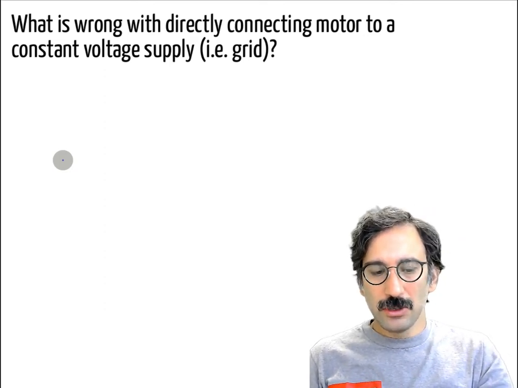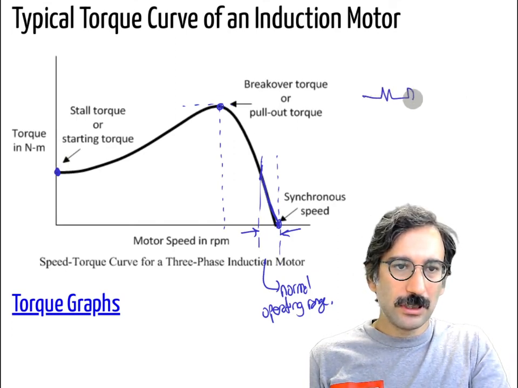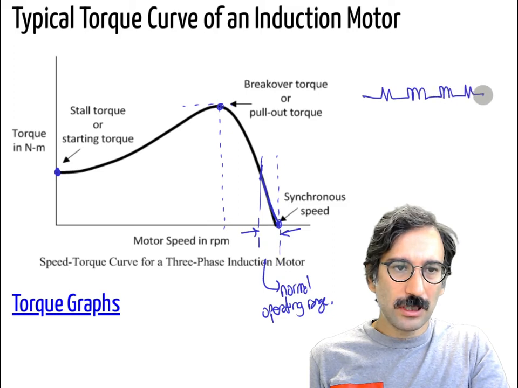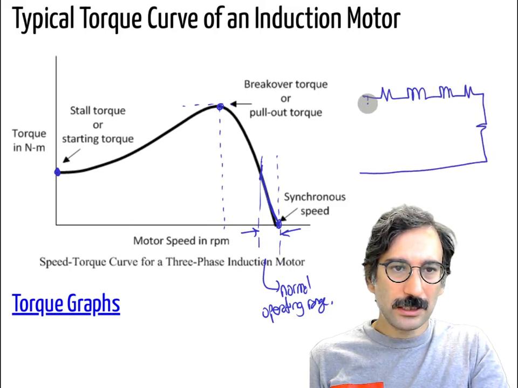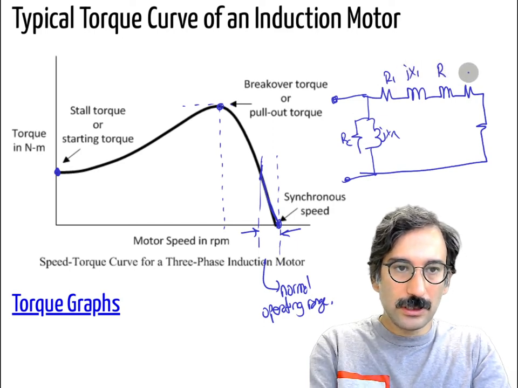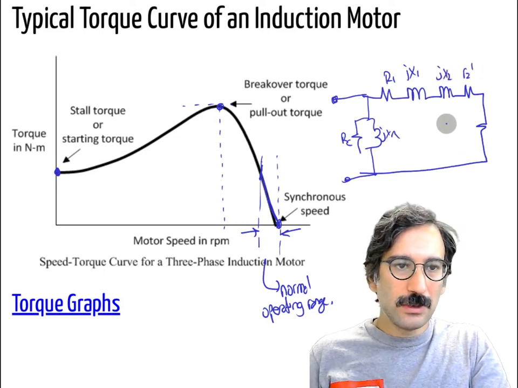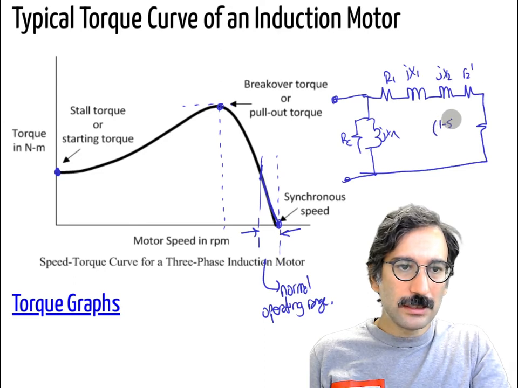If you remember the equivalent circuit, not getting into details, it has parallel branches, which is really important in the starting case: R1, jX1, R2 prime, jX2 prime, and this was, remember, (1 minus s) over s times R2 prime.